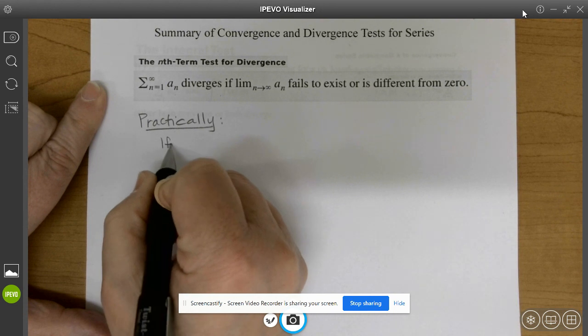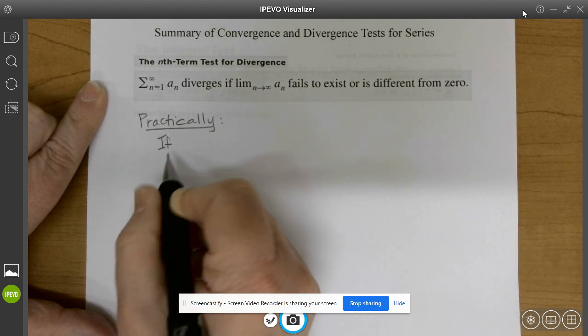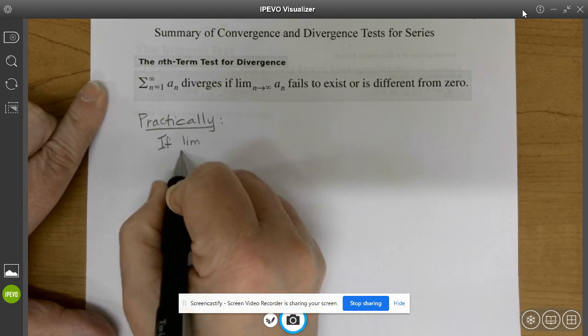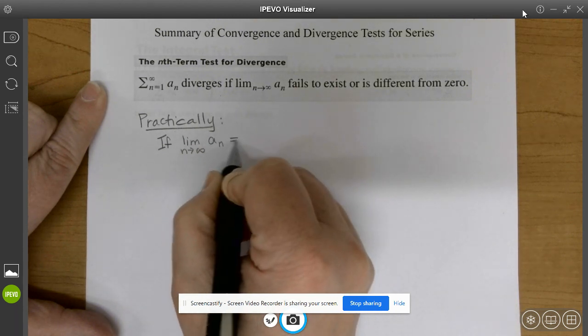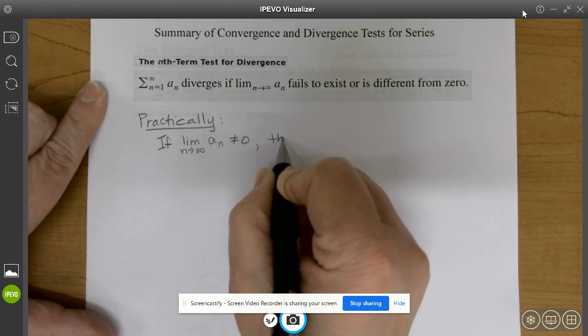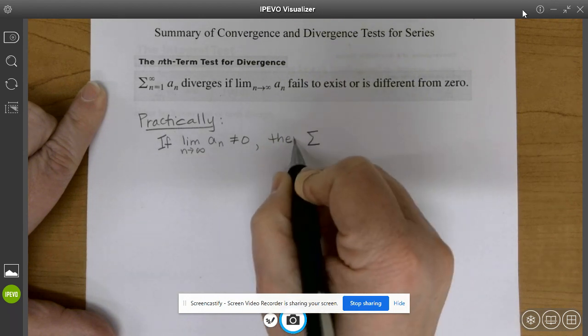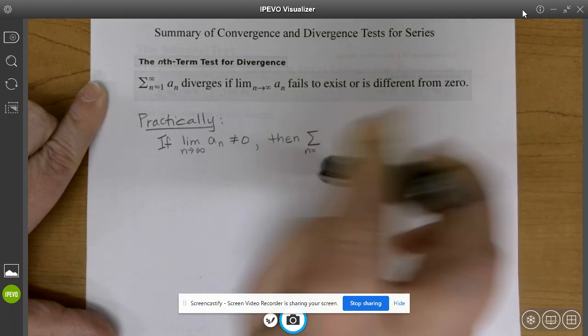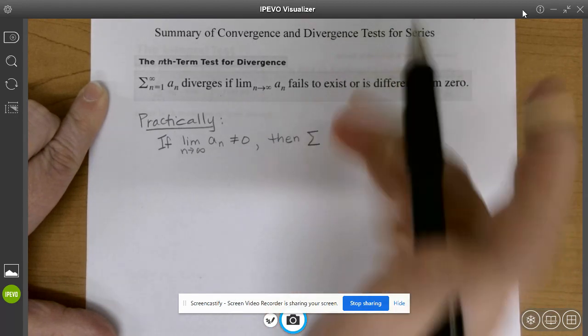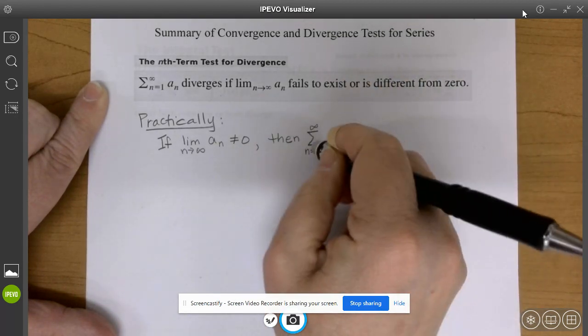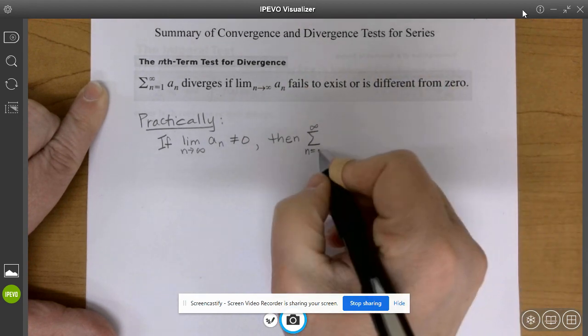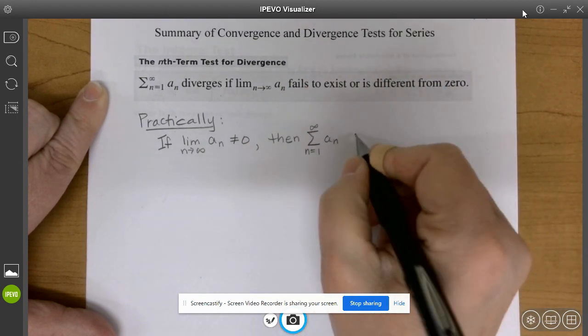So the practical application is: if the limit as n approaches infinity of your a sub n is not equal to 0, then your series from n equals 1 to infinity diverges.